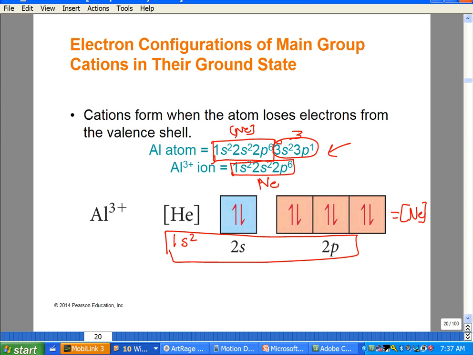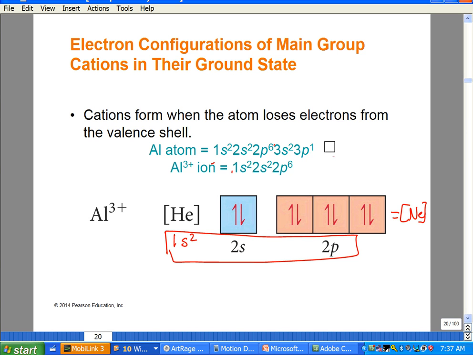So just to reiterate, in case I caused any confusion on this slide, in order to get the neon configuration, which is the nearest noble gas, which is 1s2, 2s2, 2p6, or simply to get 8 valence electrons in its outer shell, we need to remove 3 electrons.